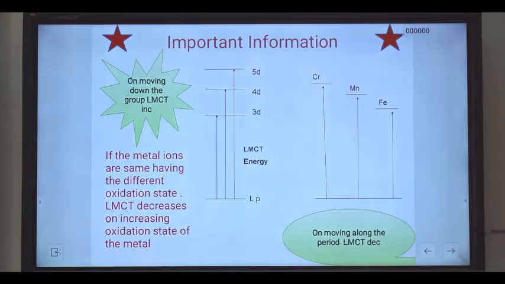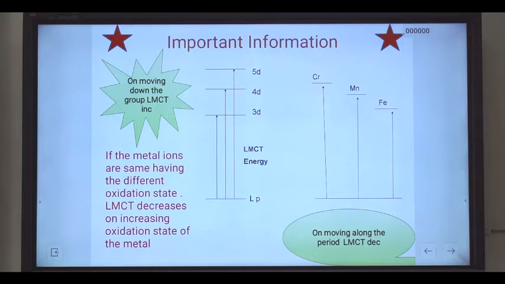This is very important information which will be very useful for solving objective questions, because most students have theoretical knowledge about charge transfer transitions, how ligand to metal charge transfer occurs, and how metal to ligand occurs. But whenever it comes to the application part, how to apply it to solve objective questions, there is a problem. The important information we consider is, on moving down the group, first of all, LMCT increases.